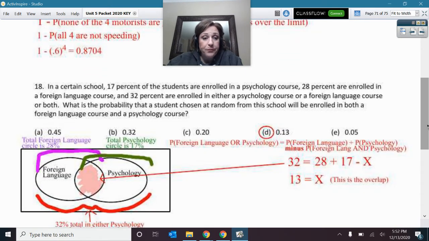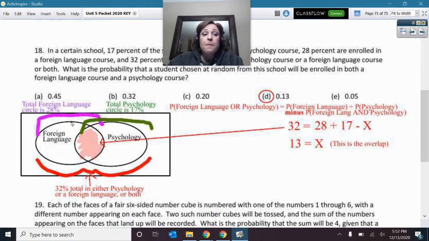Now here we have been given some information. We've been given the total foreign language and the total psychology, and then we have what this or that is. That means the combined total for those 2 circles was 32%.